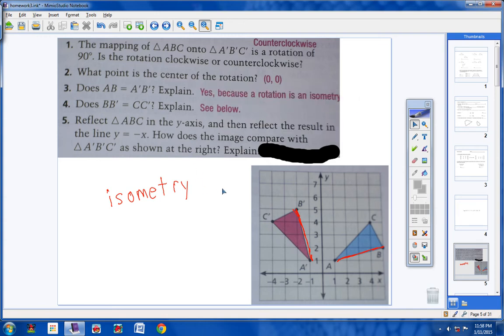Alright, now number 4. Now think about this, guys. This is going to be tough to see, but really, really think. Does BB, so the distance from here to here, equal CC?